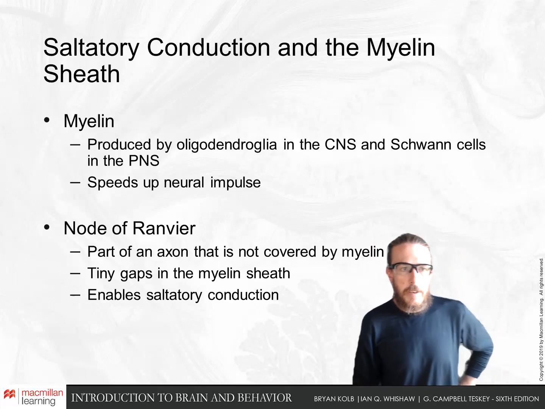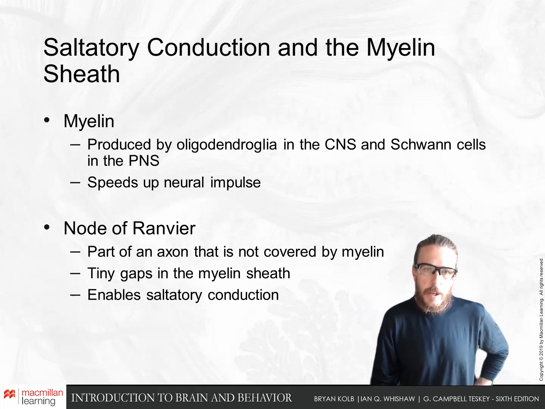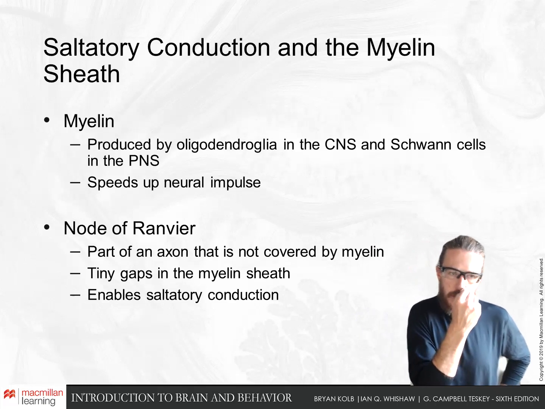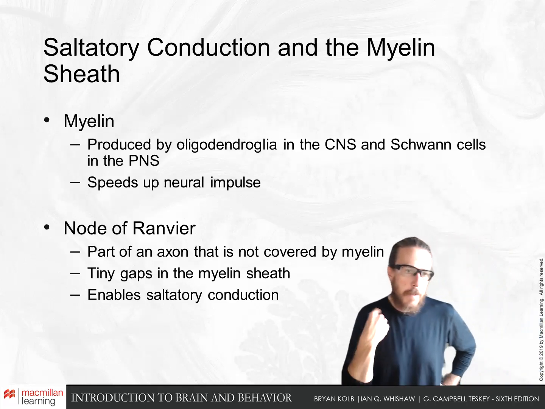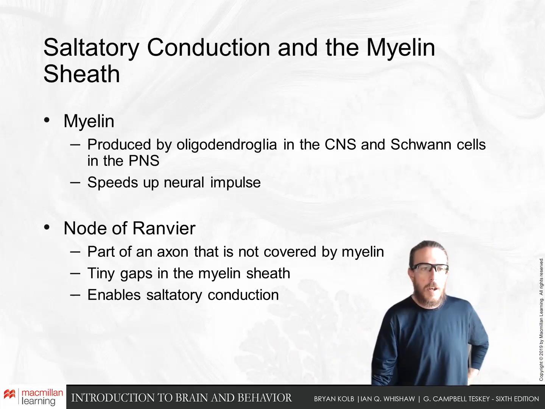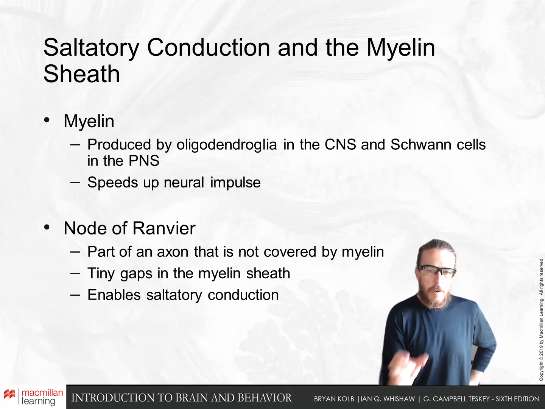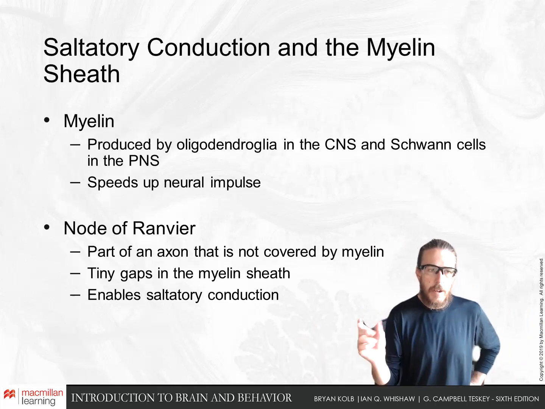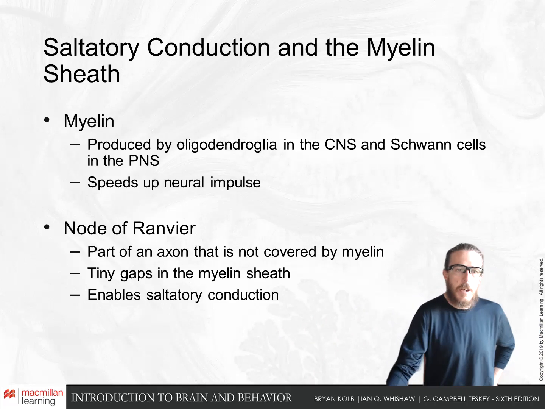We saw that myelin is produced by the oligodendrocytes and the Schwann cells, respectively, in the CNS and PNS, and that the myelin speeds up the transmission of information along the axon. It does this by creating small windows along the axon in which there's no myelin, called nodes of Ranvier.